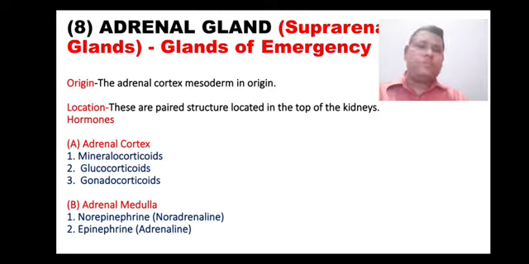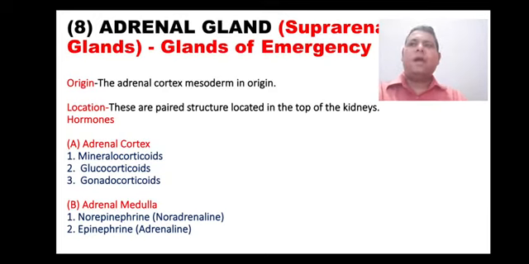The adrenocortex is derived from the mesoderm of the embryo, and it is subdivided into three zones. One, zona glomerulosa: this is the outer zone that lies just below the capsule.